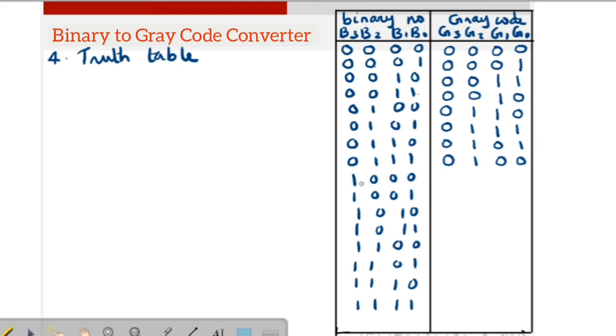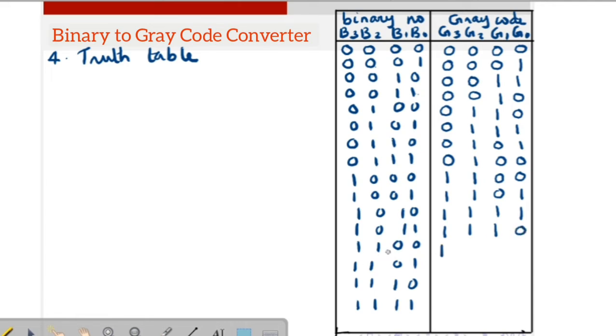Then G3 is same as B3, here B3 is equal to 1. Then consider these two different, so 1, same, 0, here also same, so this bit is equal to 0. Then 1, these two different, 1, same, 0, these two different, 1. Then 1, these two different, 1, these two different, 1, these two different, 1. Then again 1, these two different, 1, these two different, 1, these two are same, 0.